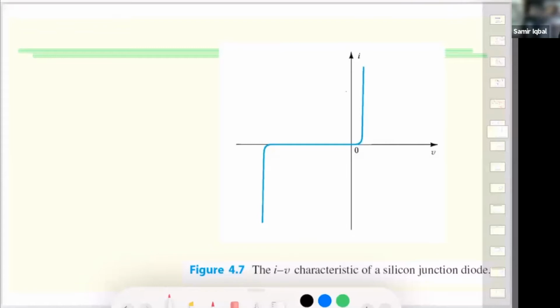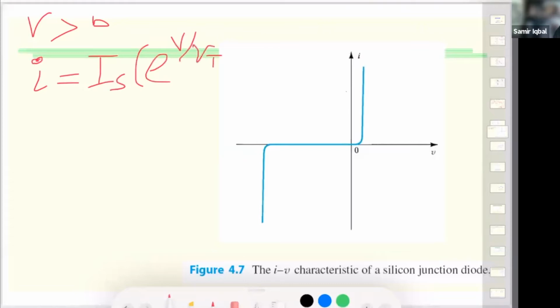The forward bias current, when V is greater than 0, is written as IS e to the power V over threshold voltage, minus 1.